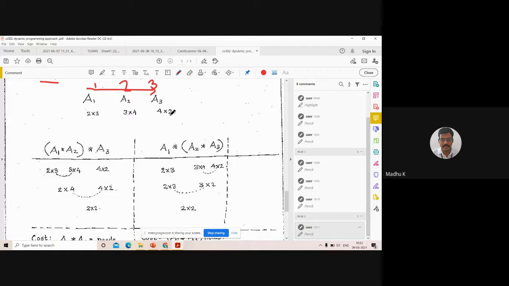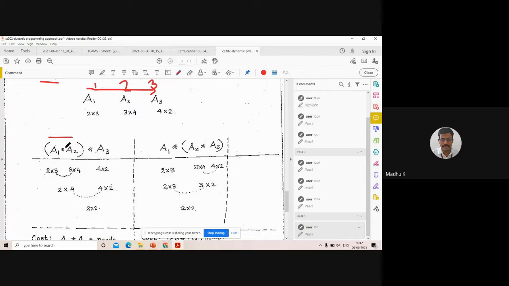And for each type of multiplication, I want to count the number of basic scalar operations. Which one will be the first type? For example, I can perform it this way: a1 into a2. I multiply this first.